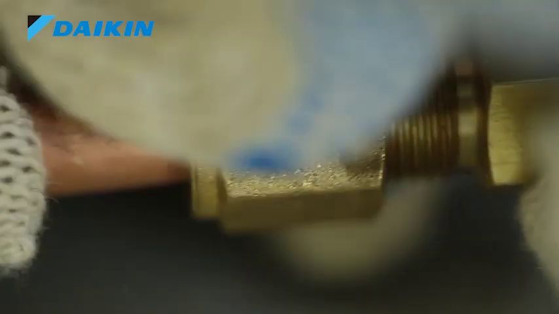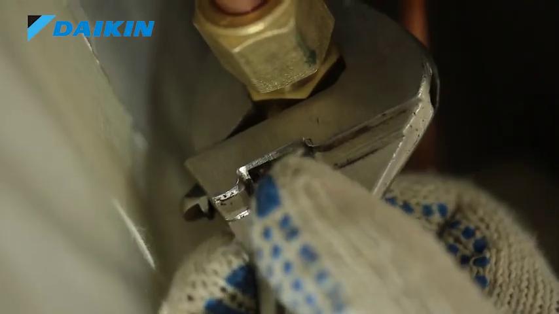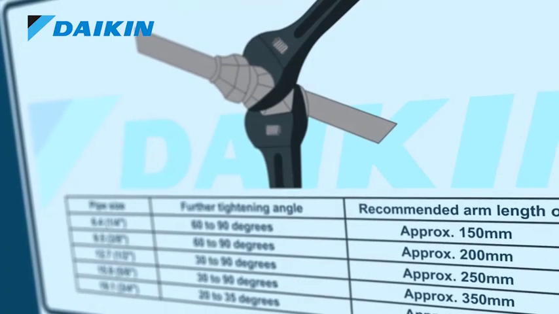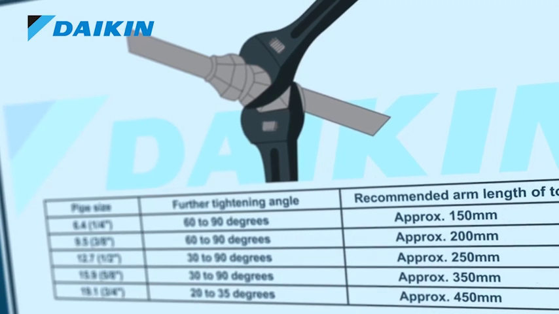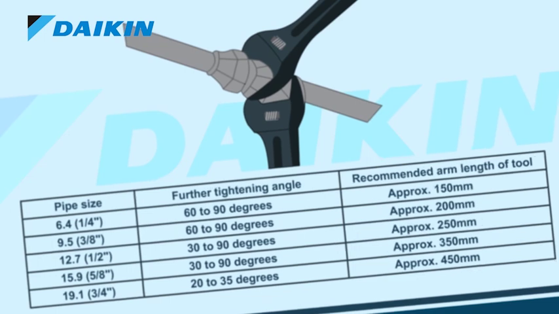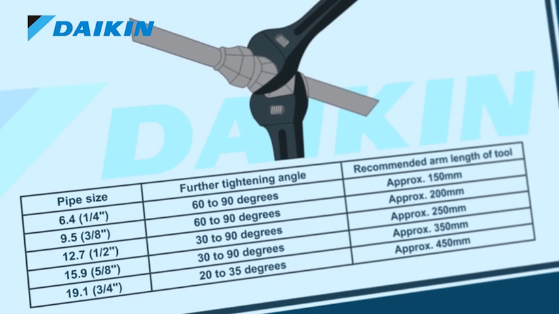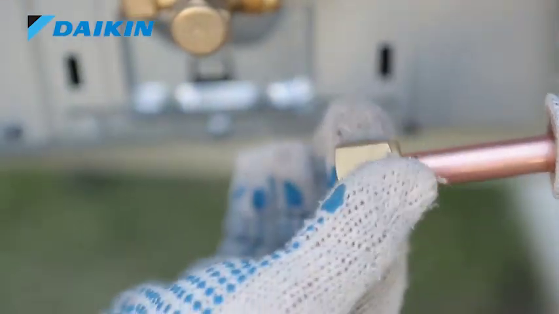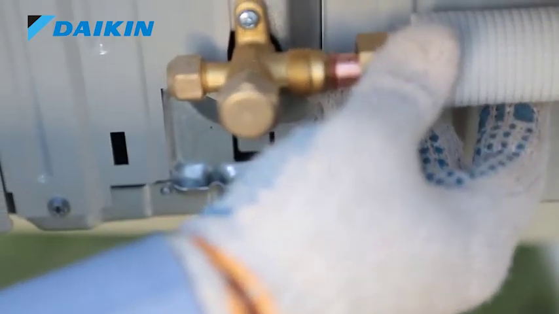Then tighten the flare nut initially by hand for proper matching of threads. Thereafter, use the torque wrench for final tightening. If a torque wrench is not available, you may use an adjustable wrench of appropriate length as mentioned in the installation manual, and connect it with the outdoor unit using flare nuts.